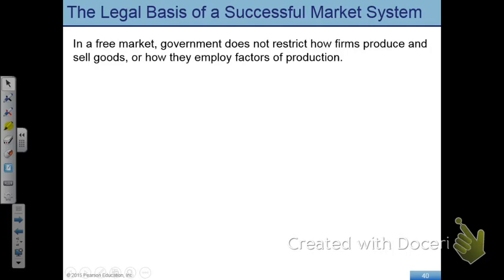The last element of this chapter is to spend a little bit of time trying to understand the role of government.